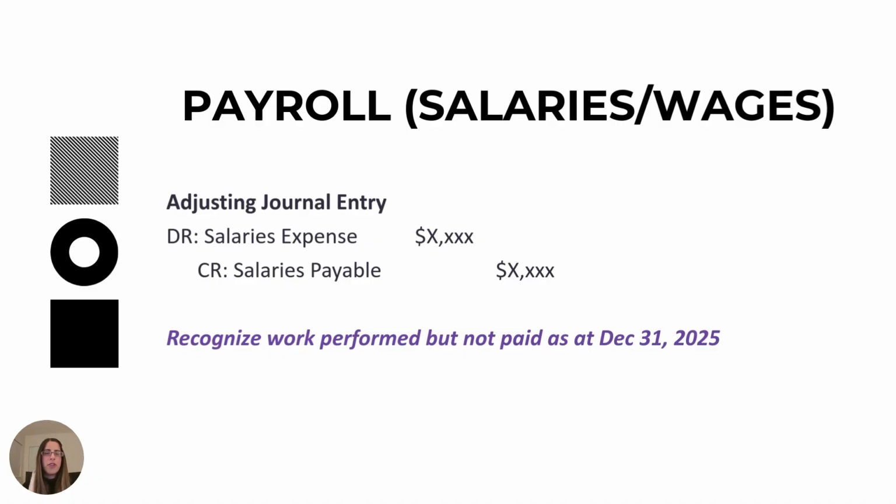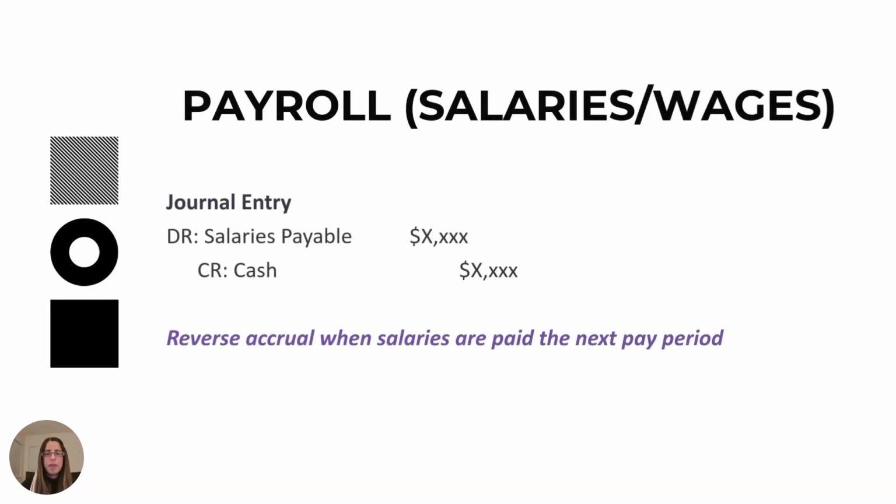So the adjusting journal entry will be a debit to salaries expense for the amount that has been incurred for that period, and then credit salaries payable for the same amount. Again, it's work performed but not paid yet, as at the end of the year. And then once it's actually paid, we debit salaries payable for that amount, and then credit cash for that same amount.